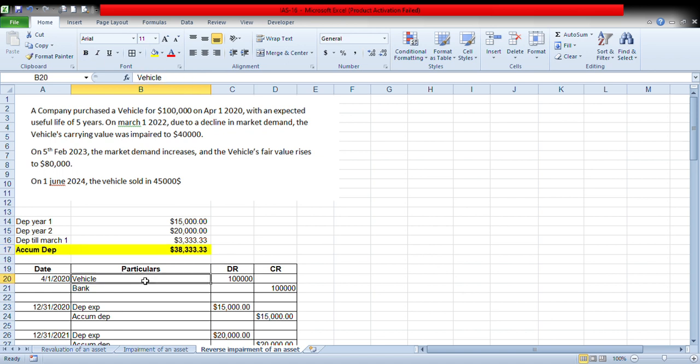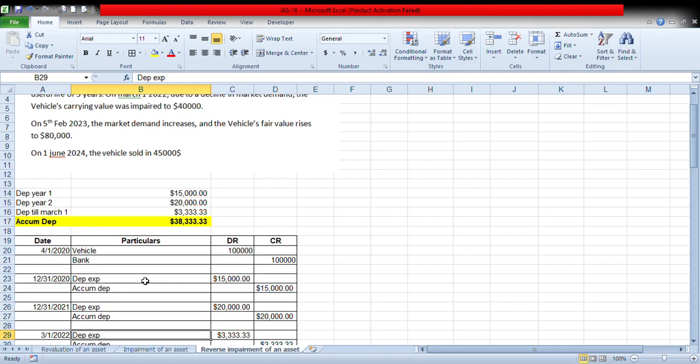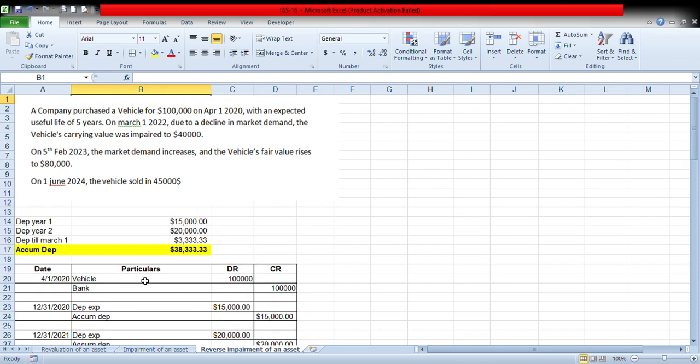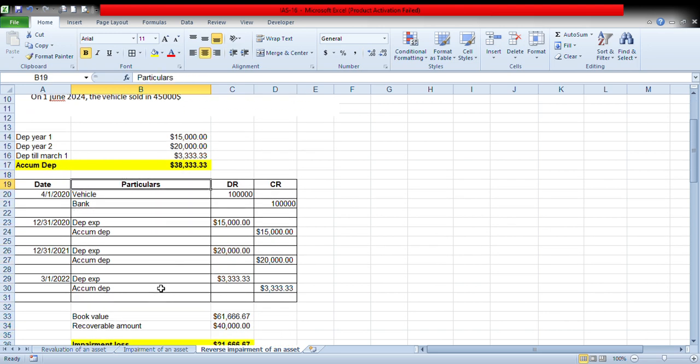We recorded vehicle debit, bank credit, depreciation expense debit, then the full year depreciation, then the 2 months depreciation. Understand? Why 2 months? Because our asset is impaired on March 1st, so we have to record January and February depreciation of 2022. I already made the entries.